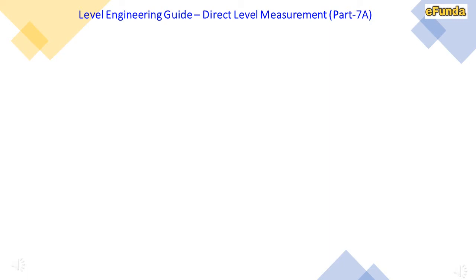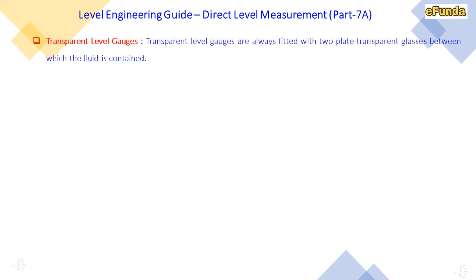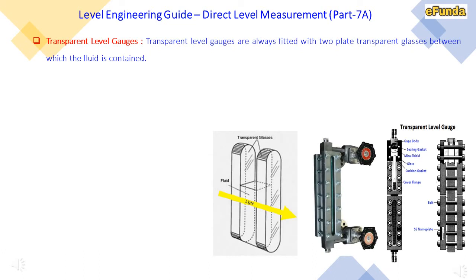Transparent level gauges. Transparent type level gauges are always fitted with two plates of transparent glass between which the fluid is contained. One can see in the figure where the transparent level gauge structure is defined, and all the body parts are also indicated with part names.